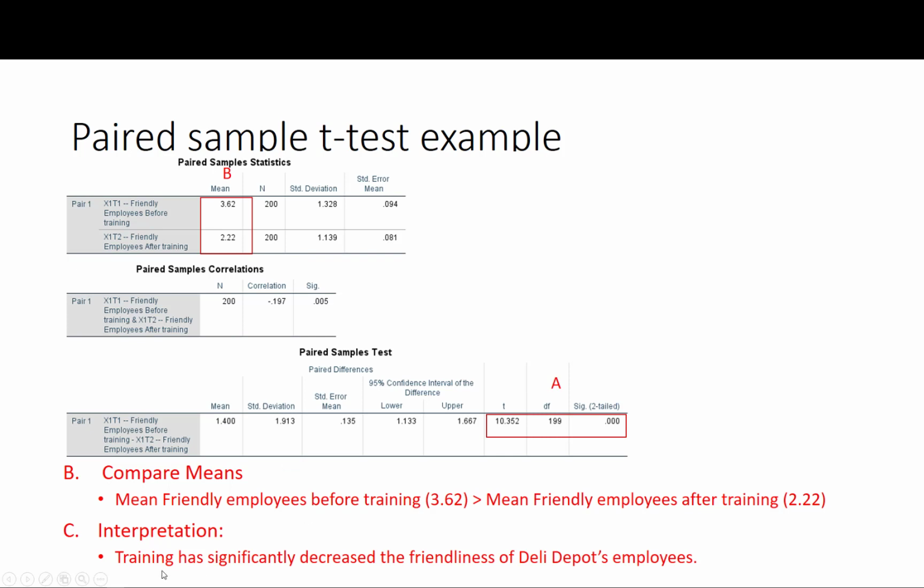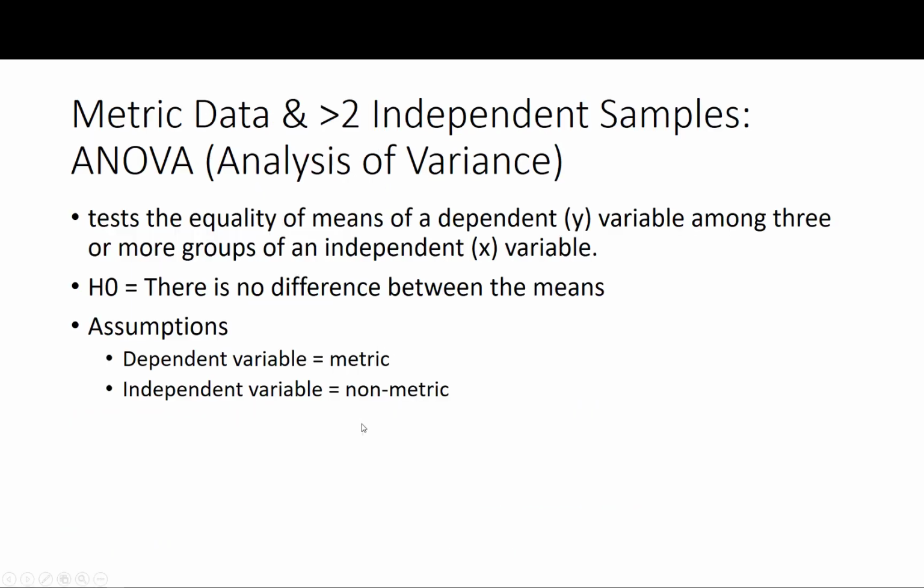So what this means is basically training has significantly decreased the friendliness of Delhi Depot's employees. So we can conclude that our staff training has been unsuccessful in improving our staff friendliness, and in a certain sense it significantly made our staff less friendly. So it's a very, very bad training.